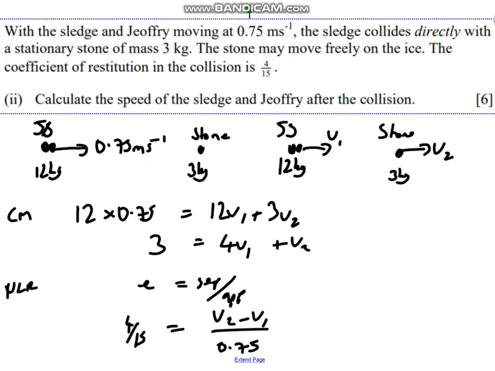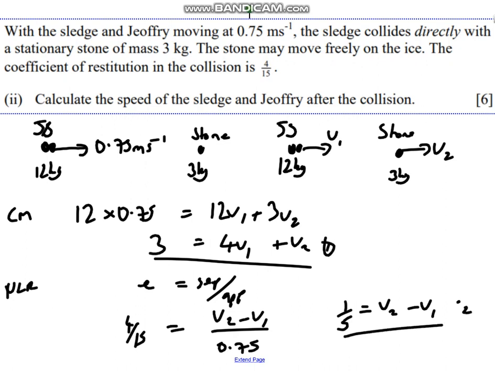So if we just multiply that up, that ends up giving us that 1/5 is equal to V2 minus V1. So we've now got our 2 simultaneous equations here, call them 1 and 2. So we can just punch those into our calculators, and we will get that V1 is equal to 0.56 and V2 is equal to 0.76. There we go.